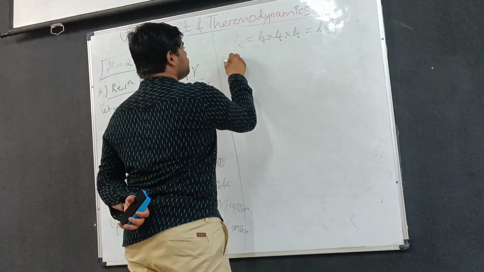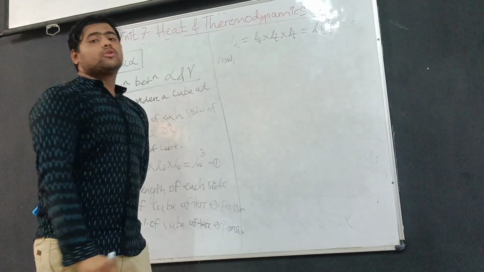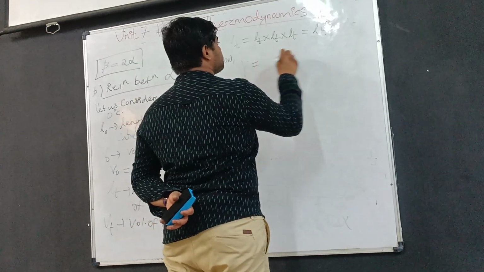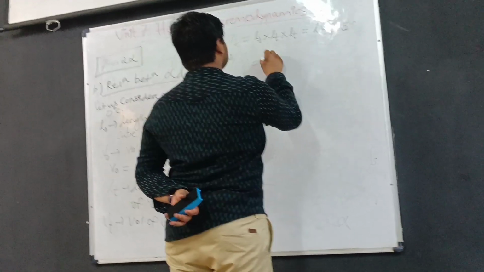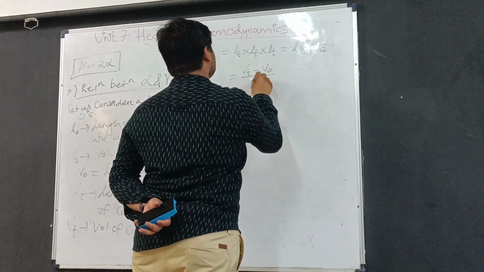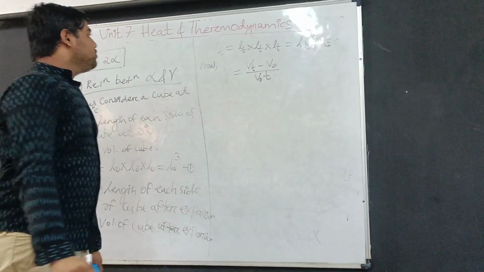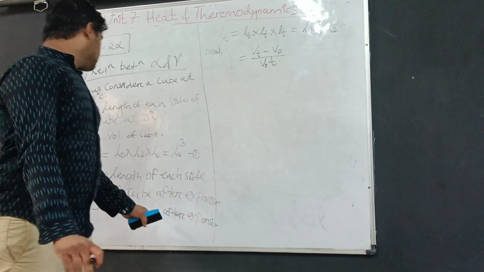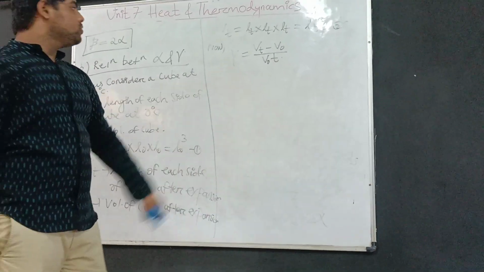Now you know the coefficient of cubical expansion, gamma, is equal to Vt minus V0 divided by V0 T. Now we will substitute the values of Vt and V0 using equations 1 and 2.